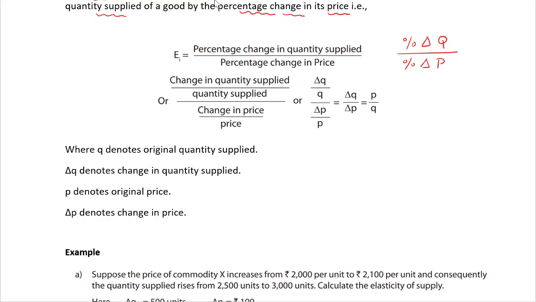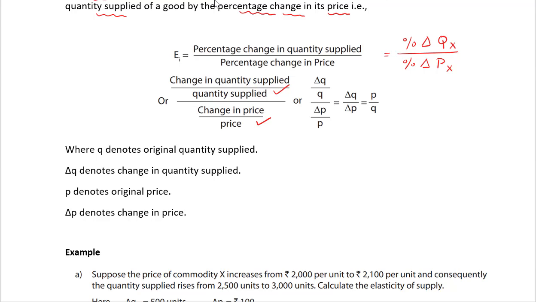The product is same over here. This is quantity supplied of X, and over here it is price of X. We can also write this percentage change in quantity supplied as change in quantity supplied divided by quantity supplied, and percentage change in price as change in price divided by price.